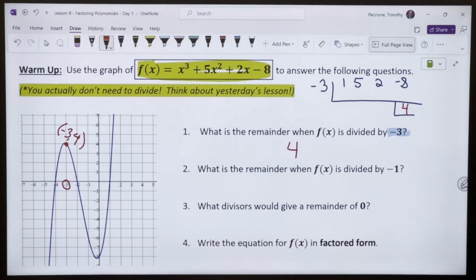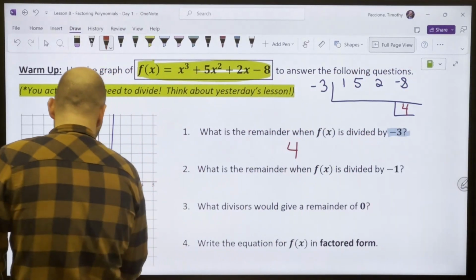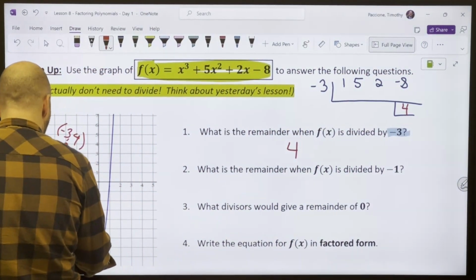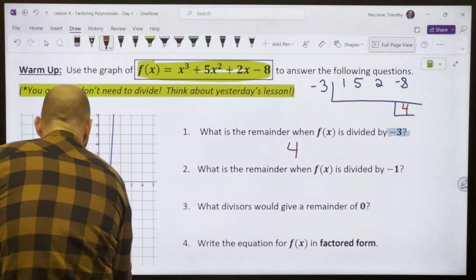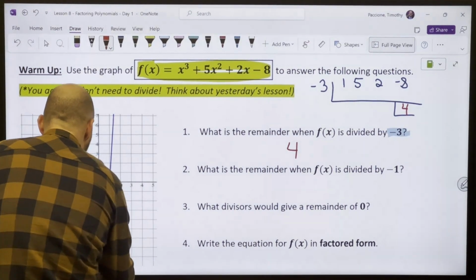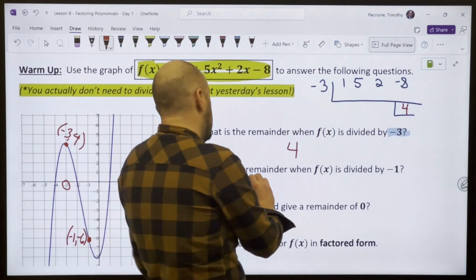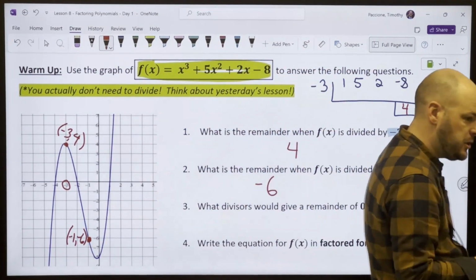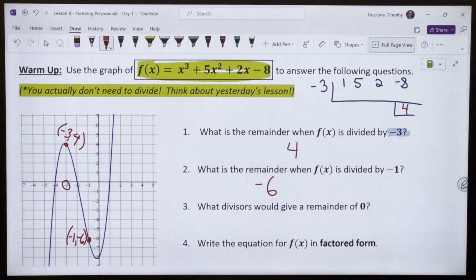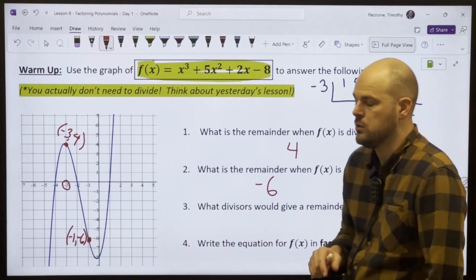What would the remainder be when you divide by -1? -6, because that's right here. -1, -6, right? And then it says what divisors, meaning plural, would give you a remainder of 0.